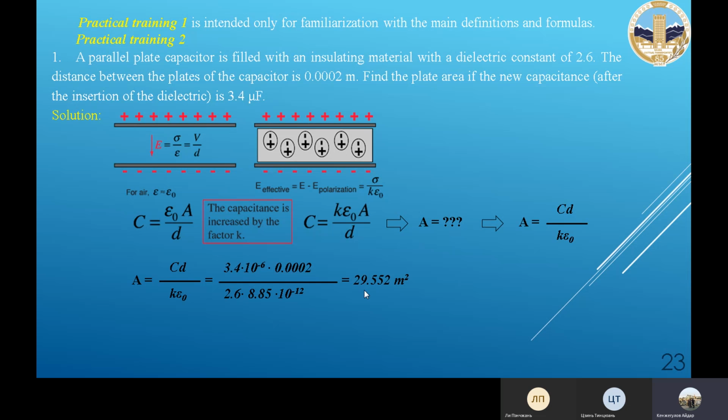When we put in the values, we have 29.5 square meters. So the plate's area is 29.5 square meters.